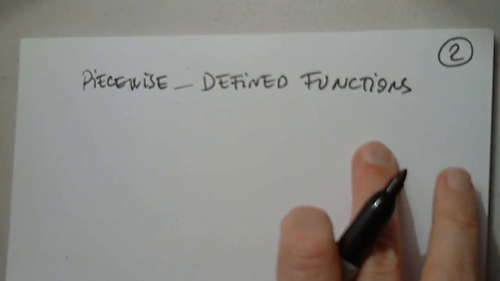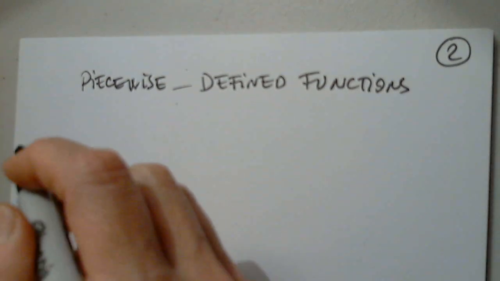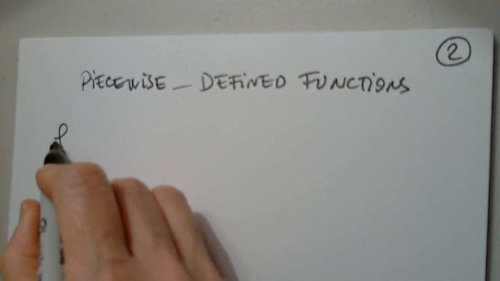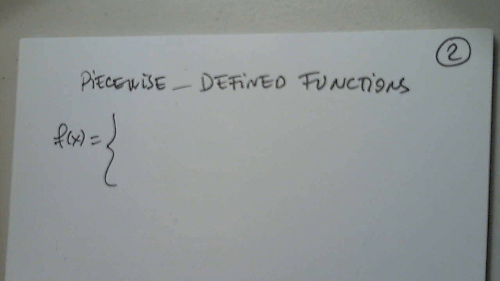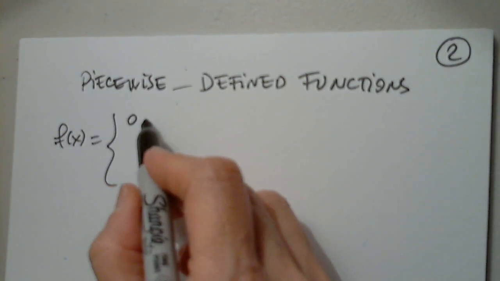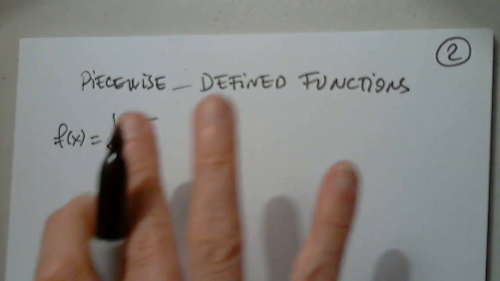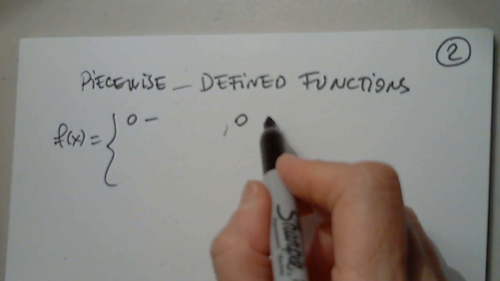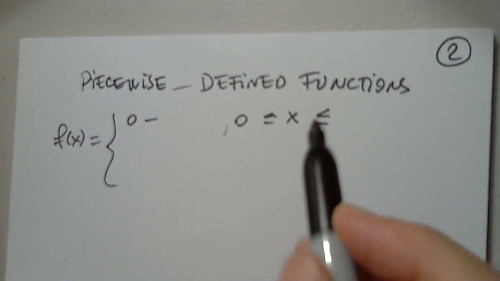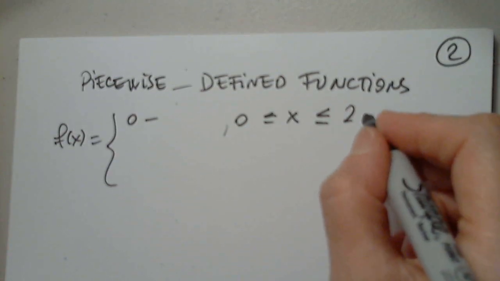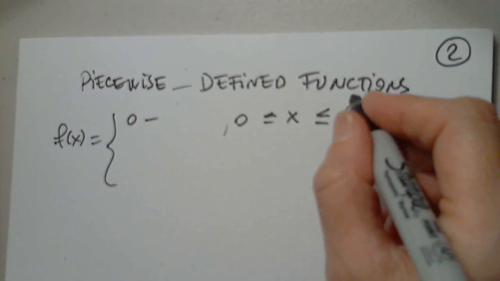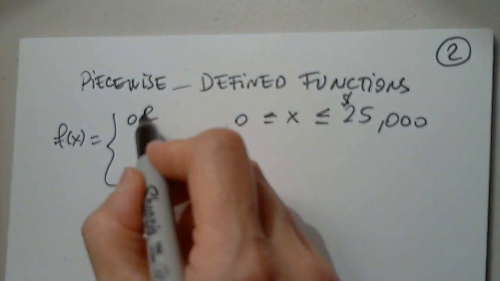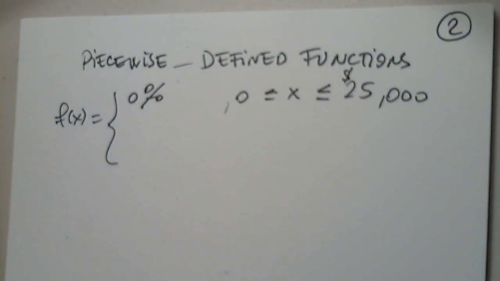What is a piecewise defined function? Here's an example. I'm making stuff up. I don't know the percentages. I use TurboTax. So for someone who makes between 0, again, I'm making up numbers, between 0 and $25,000 a year, 0% taxes.